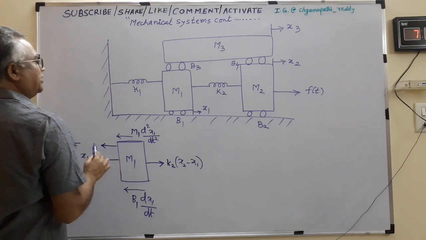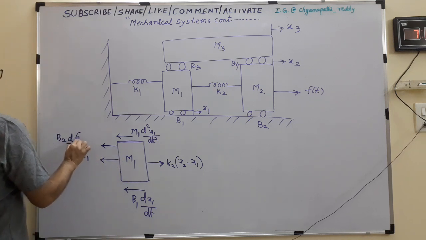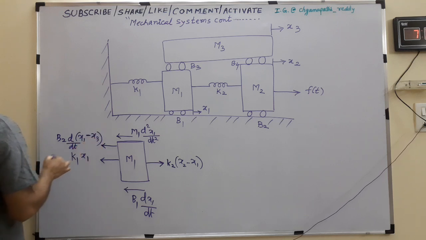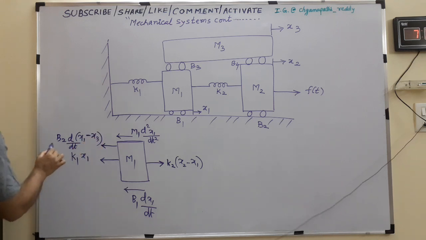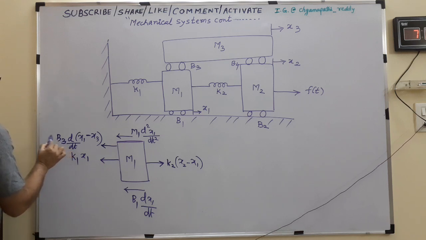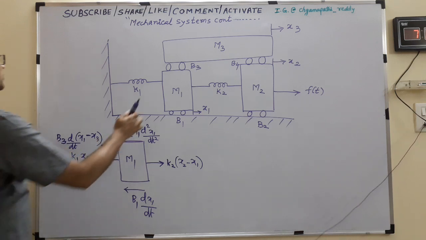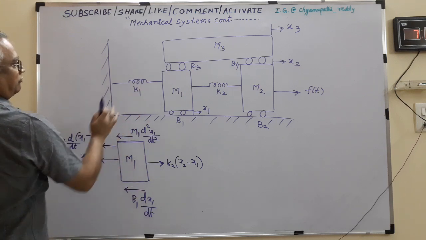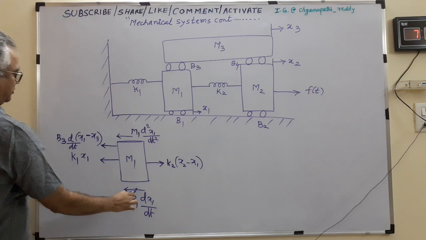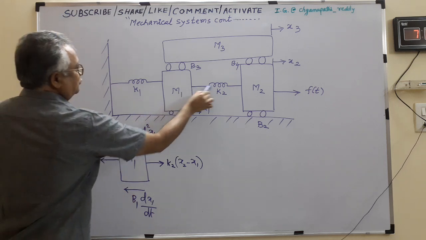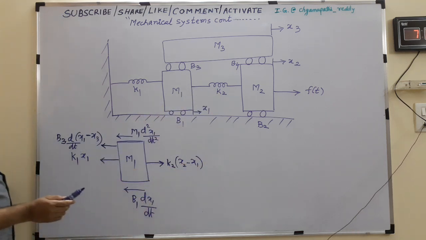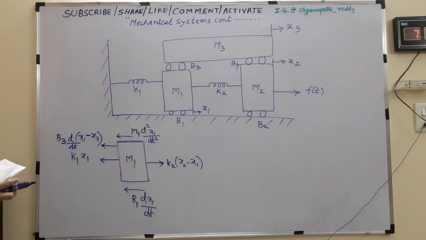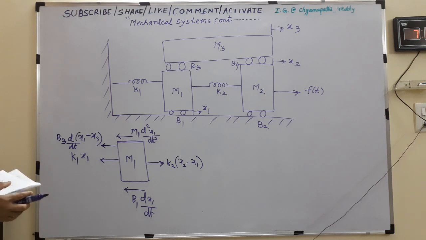So x1 minus x3. So B3, B1, K1, M1. These are the opposite. So force this side is this. So K2 x2 minus x1. That's all. These are the forces for M1.